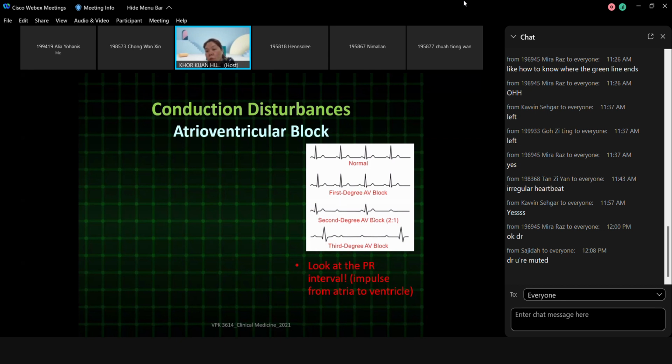Second degree AV block, PQRST. P fires, no QRST. P fires, QRST. This one, okay, nothing. Second degree AV block. Third degree AV block will have this. Okay, now these ventricular blocks, they are very regular.